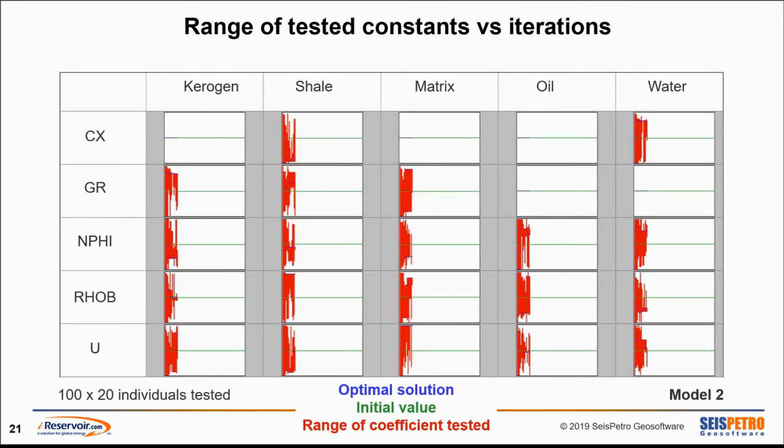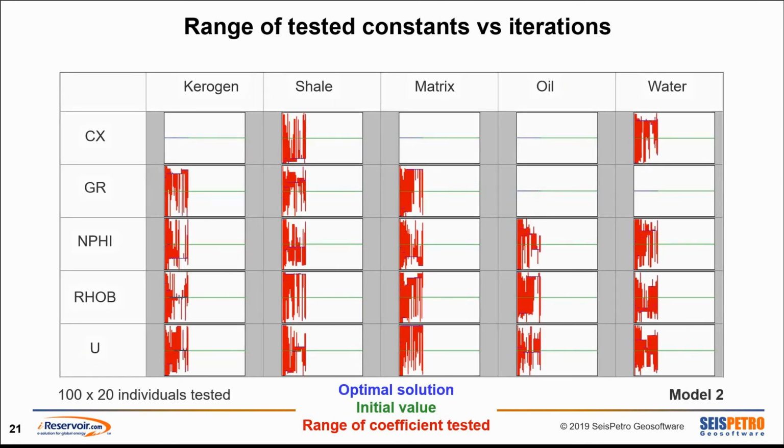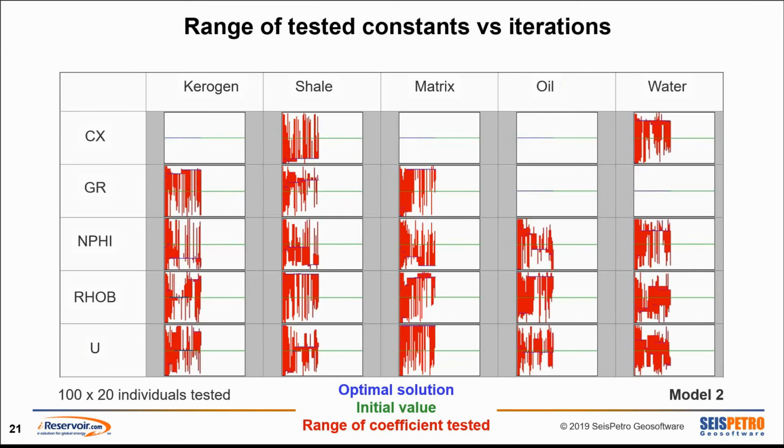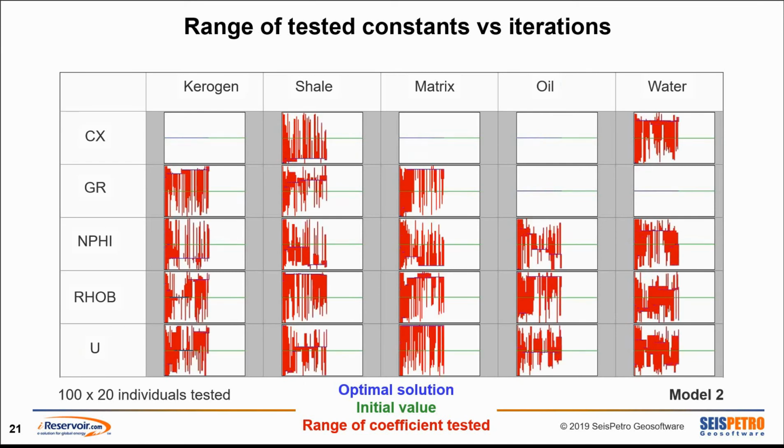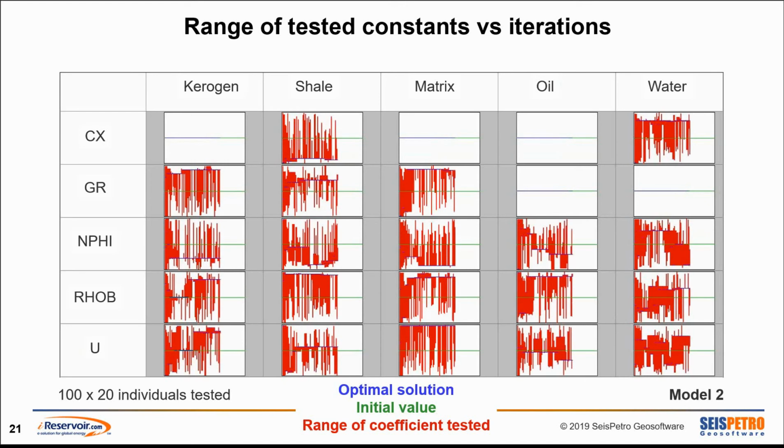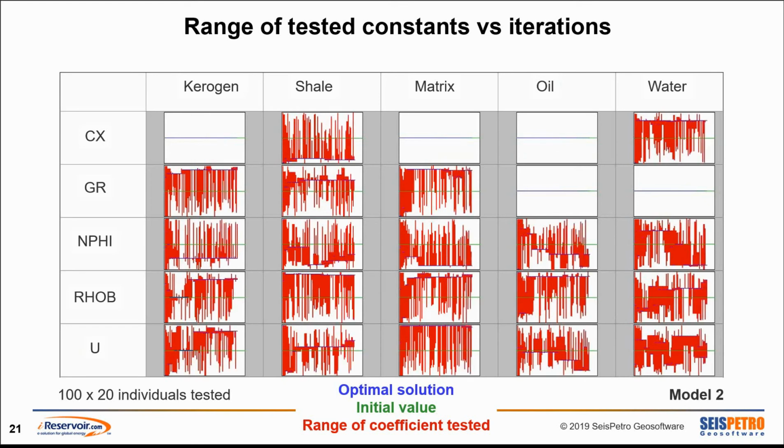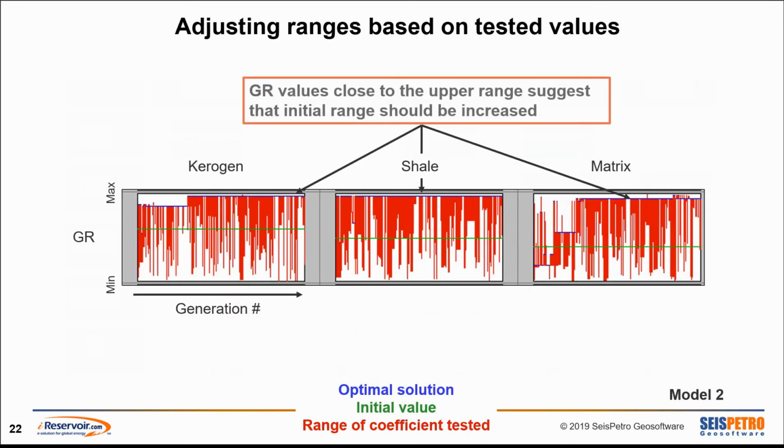We can examine the range of tested constants versus iterations in real time and use this information to make decisions about how to change the ranges for future runs of the algorithm. The way we would do that is examining after the final iteration where is the optimal solution relative to the initial ranges of the different parameters.